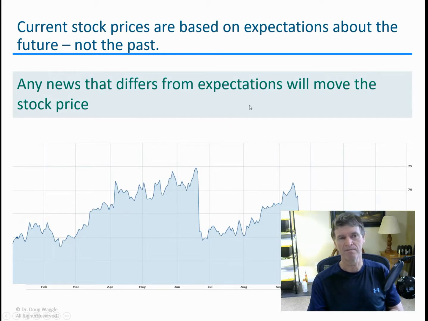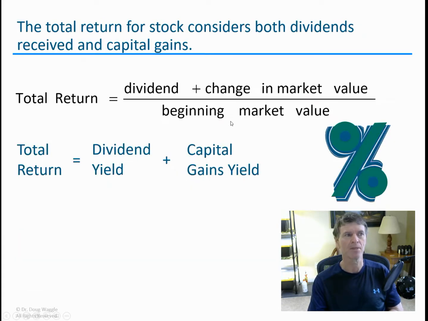And then if that vaccine did not come to pass, then price would drop, because it wasn't there. So prices adjust based on what we expect to happen.